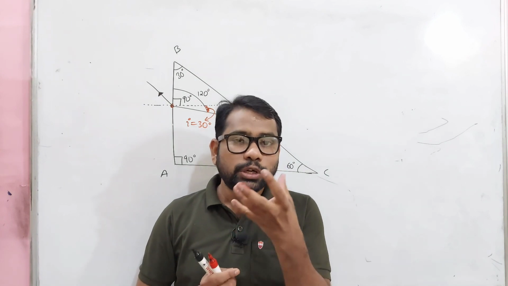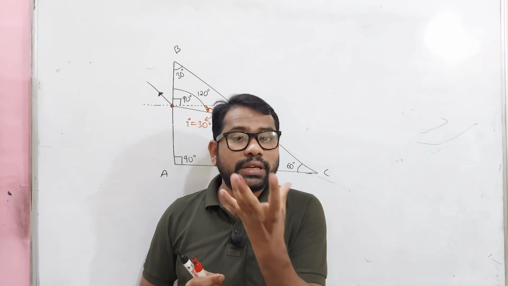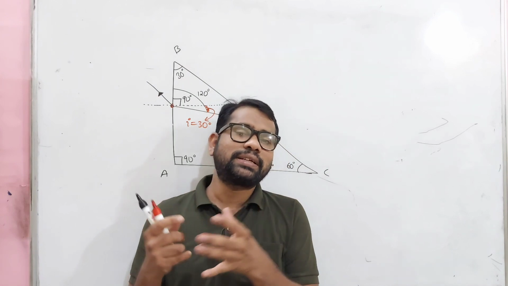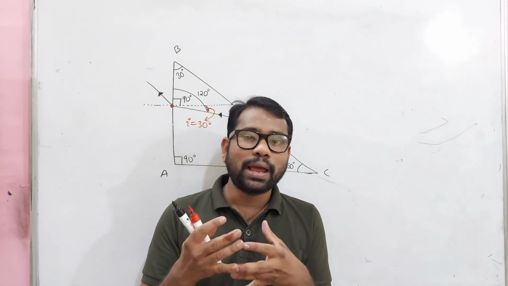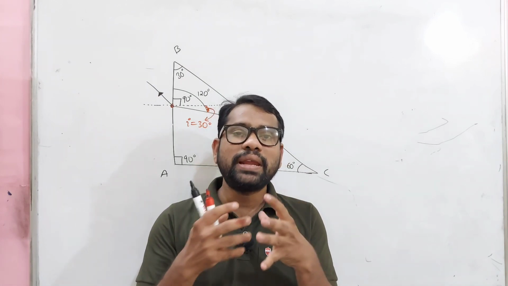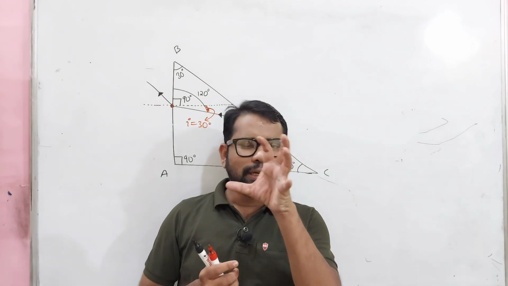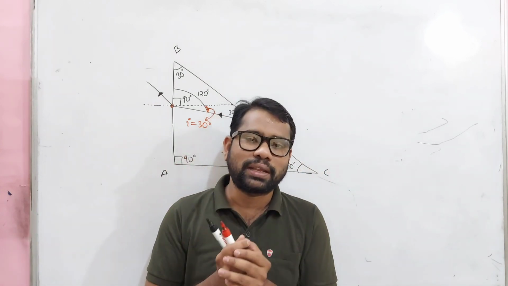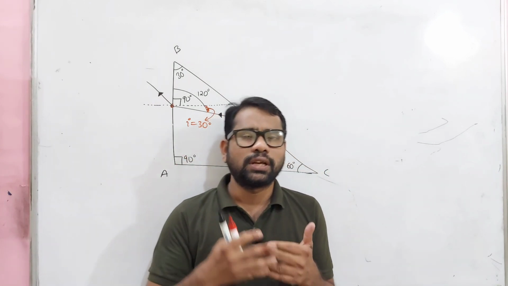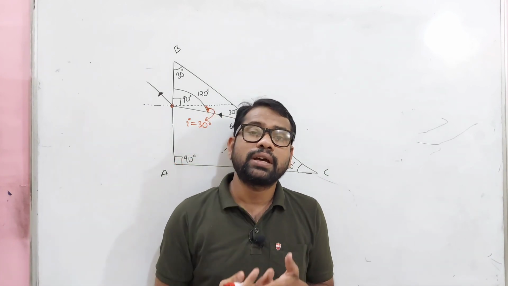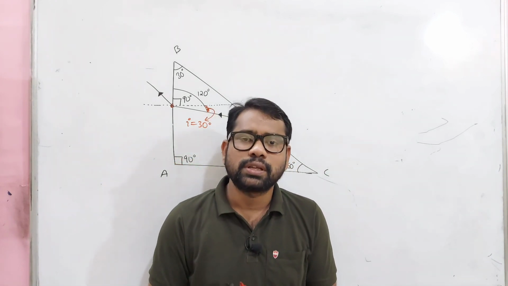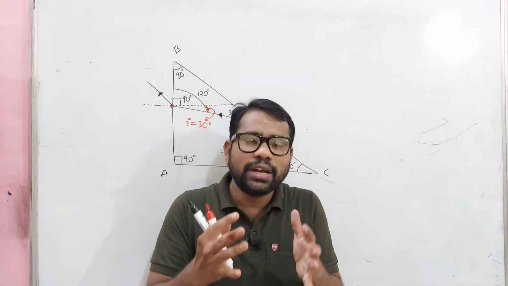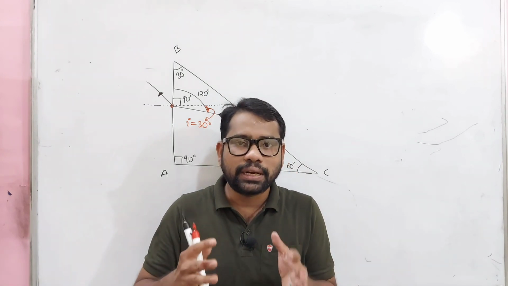Once light enters the diamond, dear children, it gets trapped inside. Light will undergo reflection many times, so the diamond appears to be sparkling. So the glittering of diamond, mirage, optical fibers, and looming are all applications of total internal reflection.